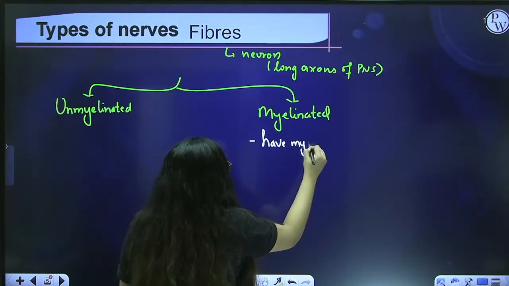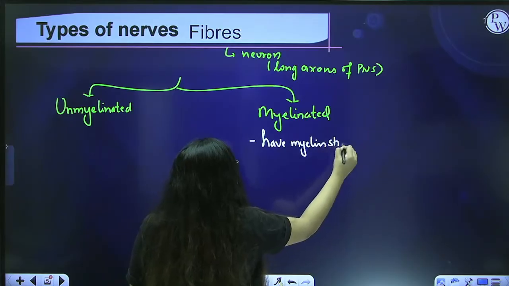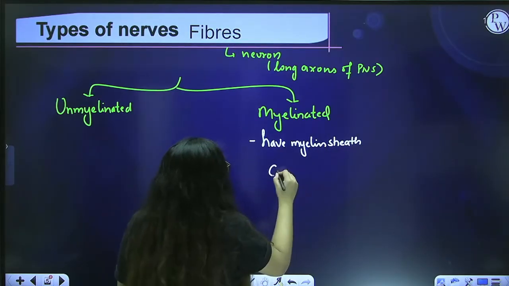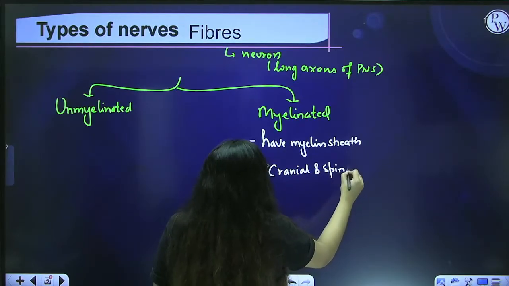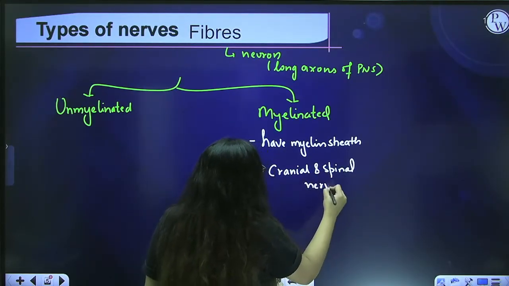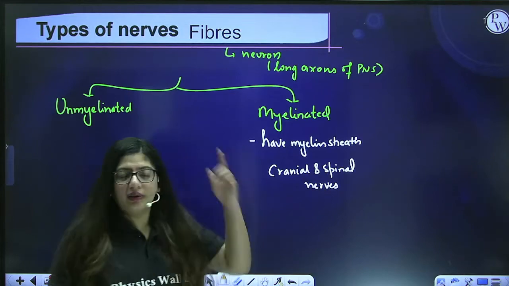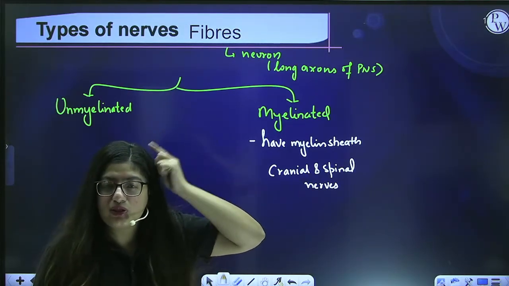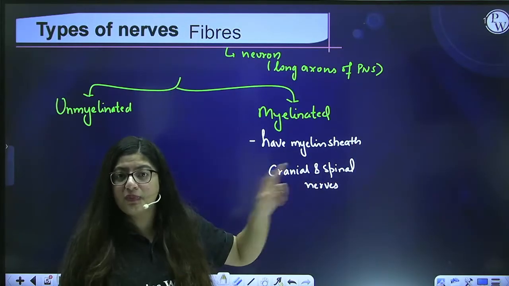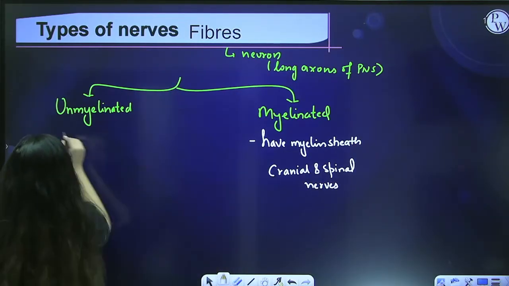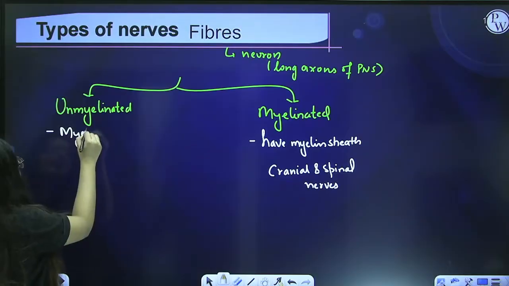You can find them in the cranial and spinal nerves. What are cranial nerves? The word cranium is always used for the brain. So these are the nerves of the brain and these are the nerves of the spinal cord. Okay, whereas in unmyelinated, the myelin sheath is absent.